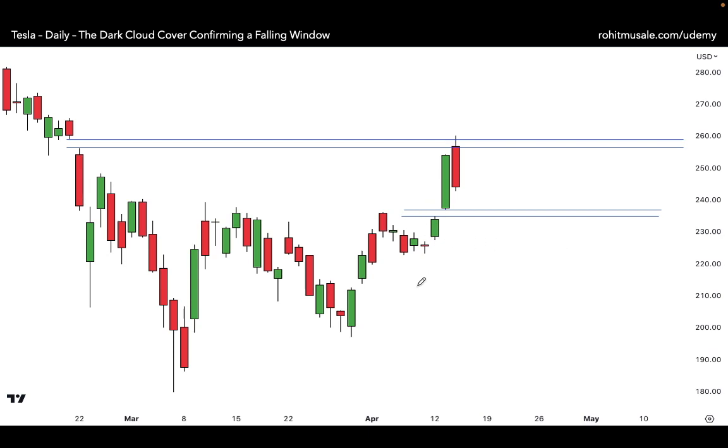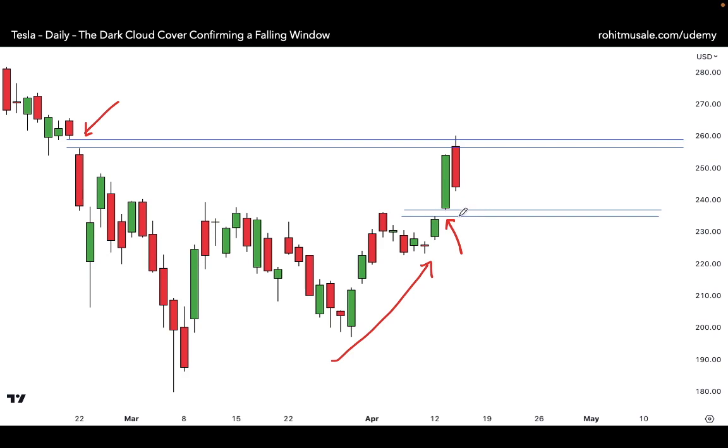Now, if you look at this chart closely, there is a rising window here. While the market was ascending here, it created a rising window. Just as a falling window becomes resistance, a rising window becomes support. And the rising window has two lines which I have drawn here, the upper line and the lower line.